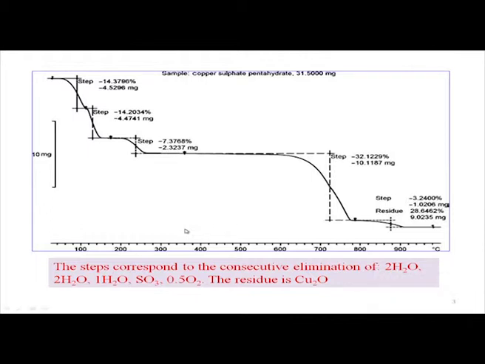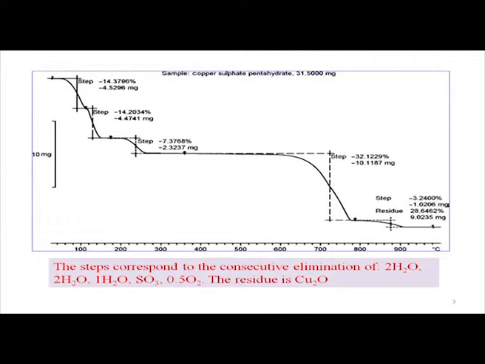These weight losses are such that we can have two equal steps. In the first step, you initially lose 2 water molecules. So, the first step corresponds to 2 water molecules.